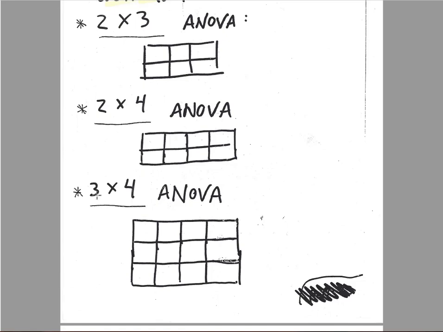What could the 3 represent? I must have 3 different kinds of depression. Maybe this row represents people with dysthymia. Maybe this row represents people with major depressive disorder. Maybe this row represents people with bipolar disorder. I'm analyzing it as a 3x4 Anova. That's what we mean when we talk about the 2x3 factorial design convention.